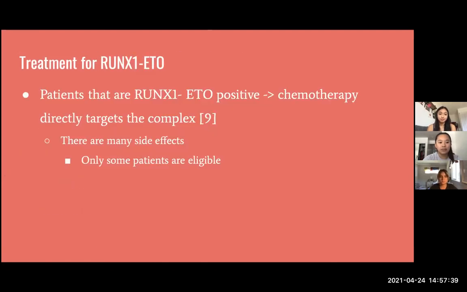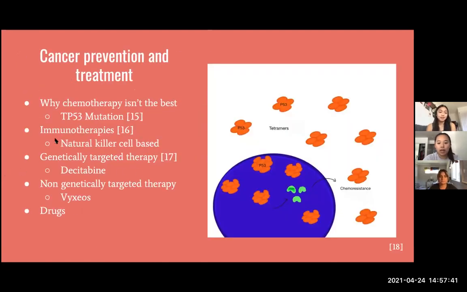Yeah, sorry. So there are many treatments that are still in the works of being approved. So there's immunotherapies, genetically targeted therapies, non-genetically targeted therapies, and drugs that are still going through clinical trials. A promising genetically targeted therapy is administering decitabine with the standard 7+3 chemotherapy.